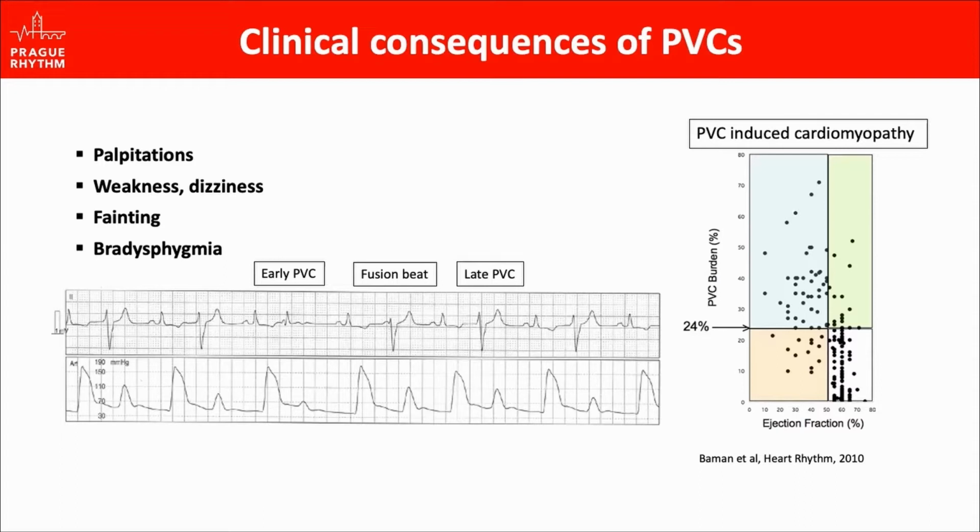The lack of mechanical efficiency of these PVCs may lead to concealed mechanical bradycardia, and this condition is called bradysphygmia. Some patients with frequent PVCs will develop so-called PVC-induced cardiomyopathy, which is a reversible condition if we eliminate the PVCs. In this study from the group from Michigan, PVC burden of more than 24% was independently associated with PVC-induced cardiomyopathy.